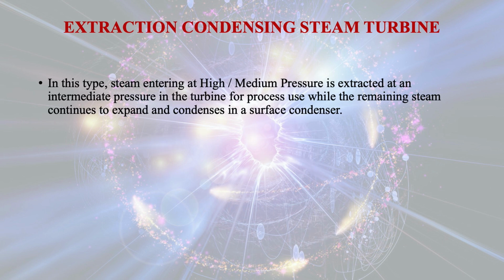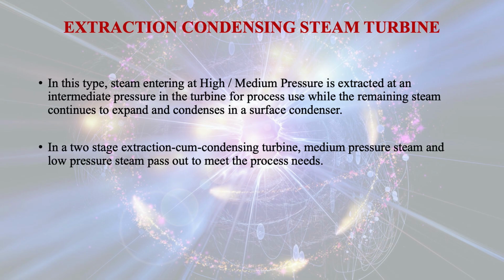In this type, steam entering at high or medium pressure is extracted at an intermediate pressure in the turbine for process use, while the remaining steam continues to expand and condenses in a surface condenser. In a two-stage extraction cum condensing turbine, medium pressure steam and low pressure steam pass out to meet the process needs.